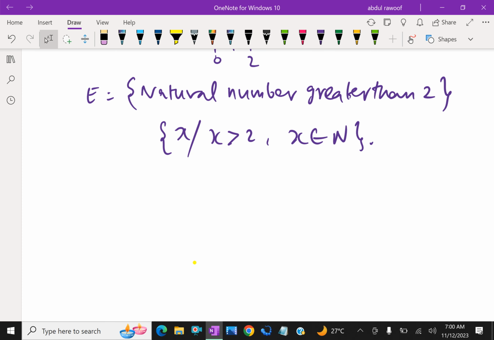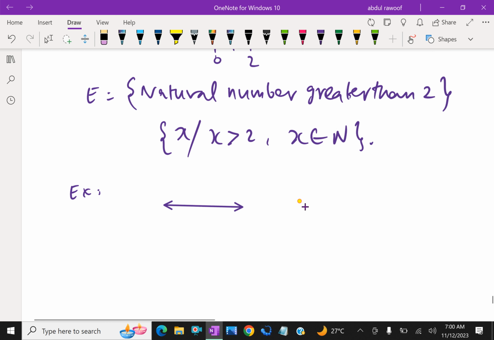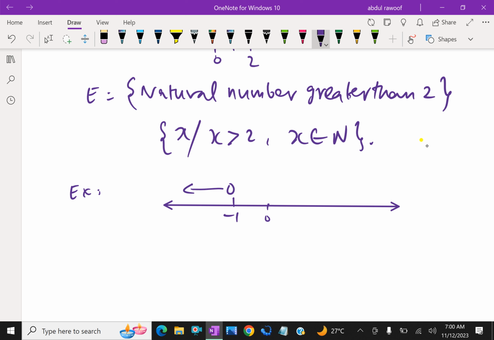Now one more interval form. Look at here. Then 1, 2, 3. How to represent in interval form?